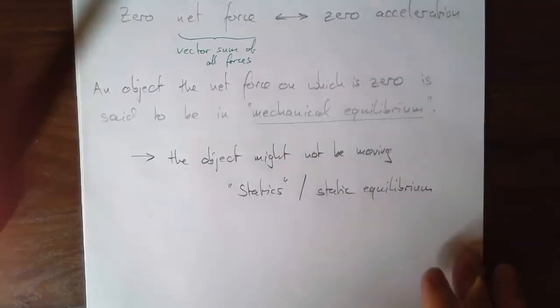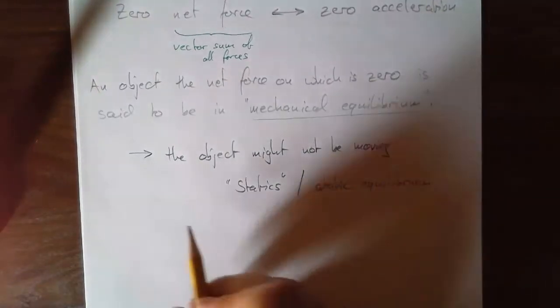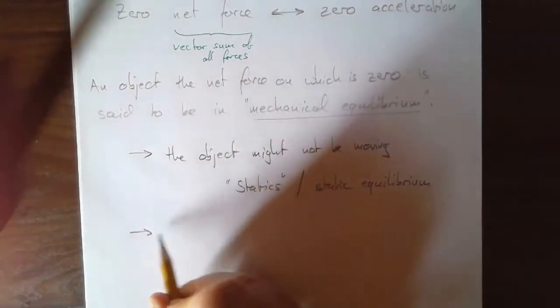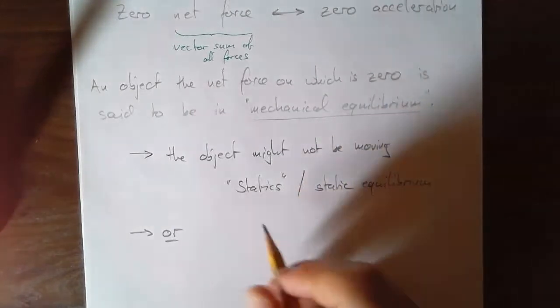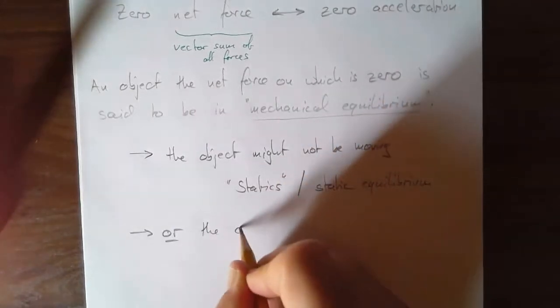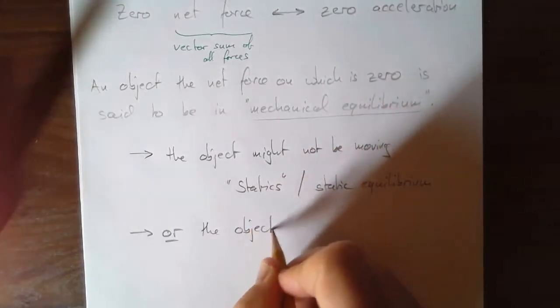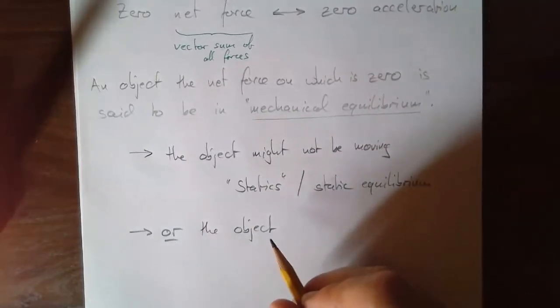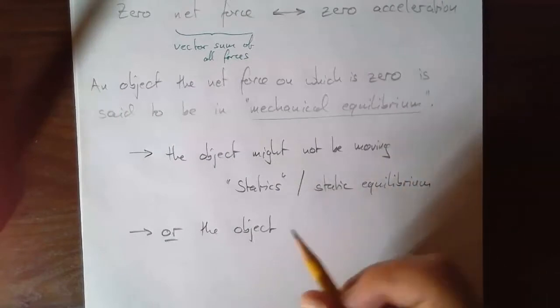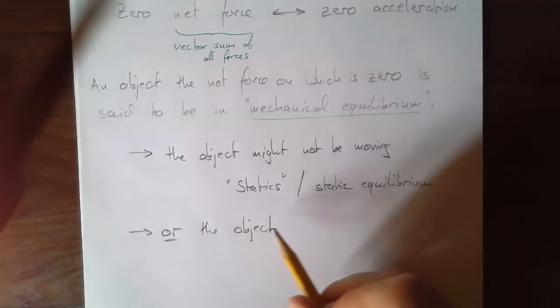But, and that is the crucial part, that is the subtlety, it's not the only case, or the object could be moving with a constant velocity. Because 0 acceleration does not mean it's not moving, it just means it's not changing its velocity. We've learned about that and spent the last couple of weeks talking about that.